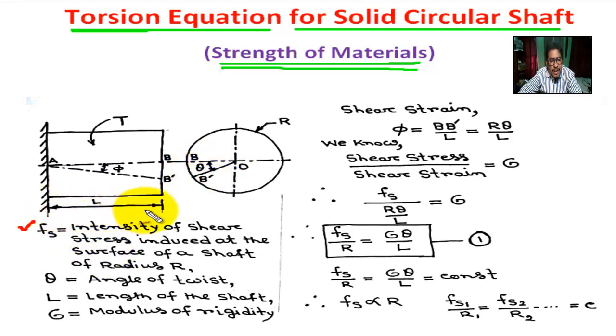L equals the length of the shaft. G equals the modulus of rigidity.